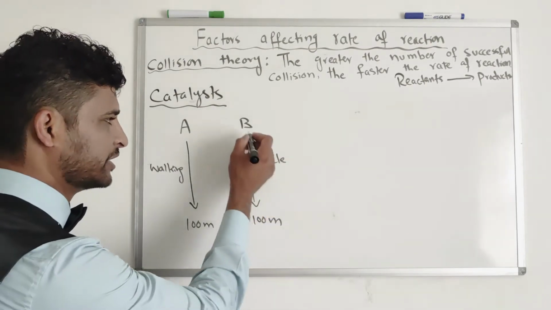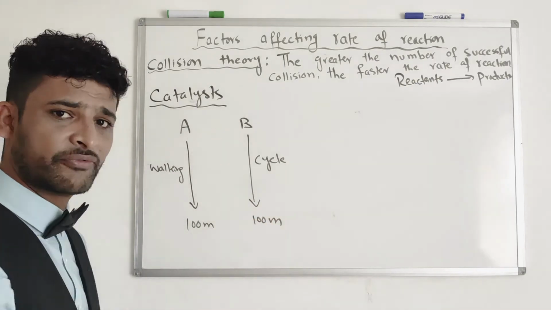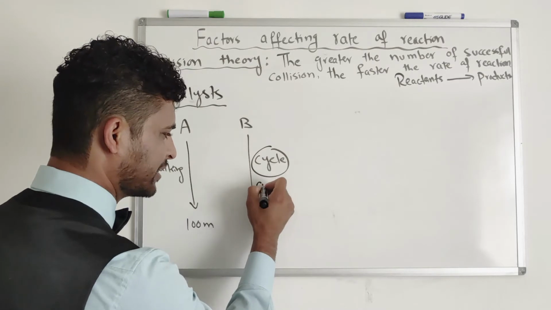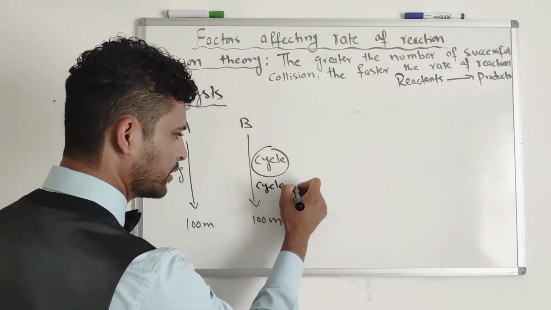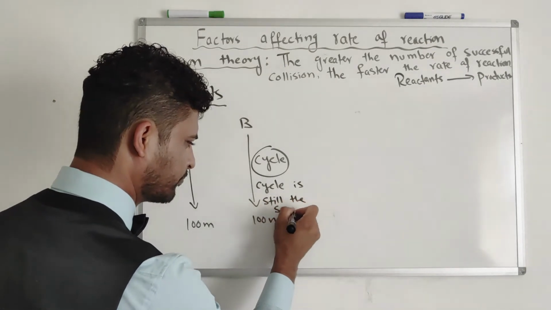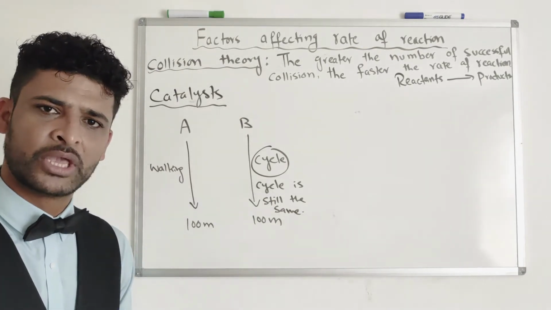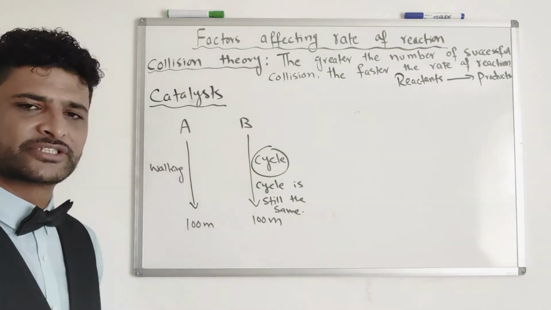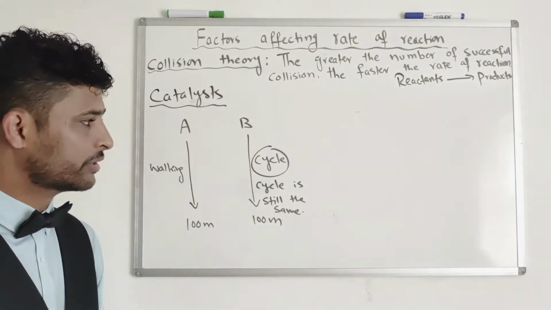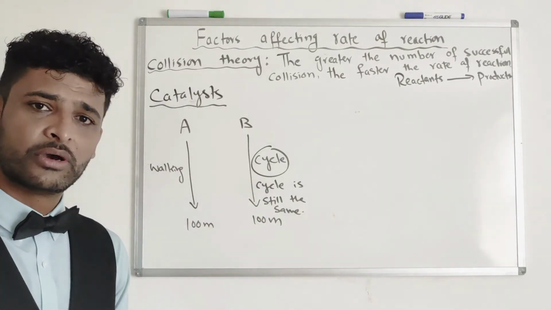But at the end, nothing has happened to the cycle, it is still the same. No chemical or mechanical change. The cycle is being used as transportation to speed up covering the 100 meters.